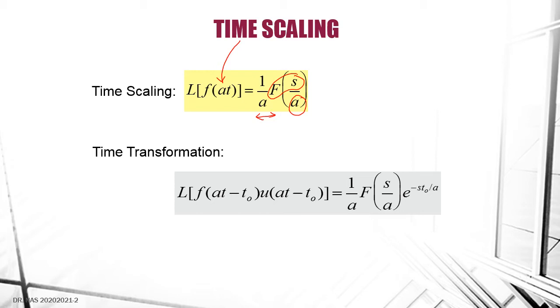If you have more than one operation, time scaling and also time shifting, then in the S domain the signal will be modified in the amplitude, and since there is shifting in the time domain, the signal will be multiplied by an exponential function as well.